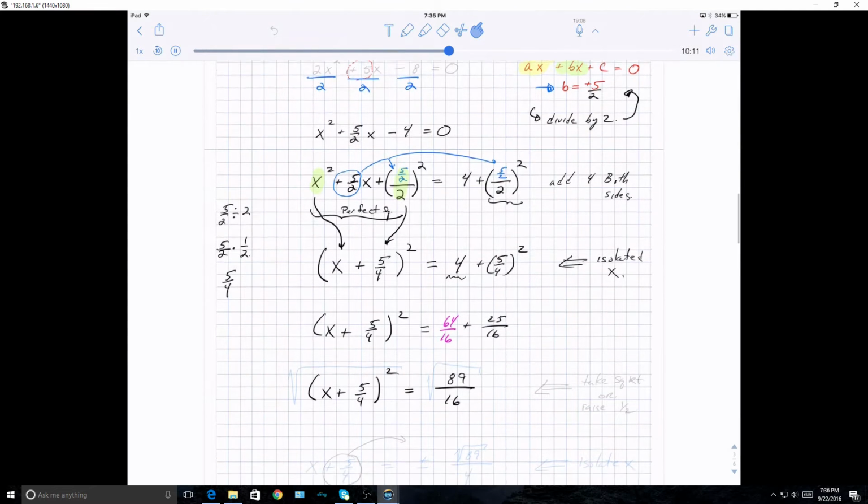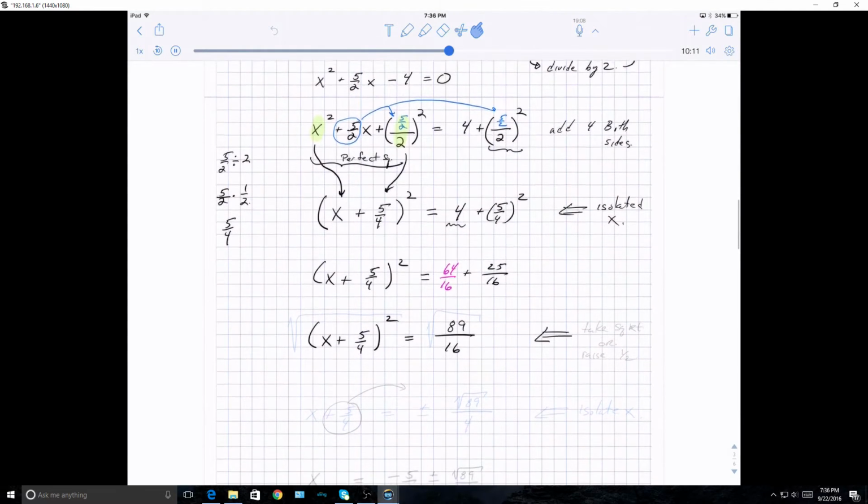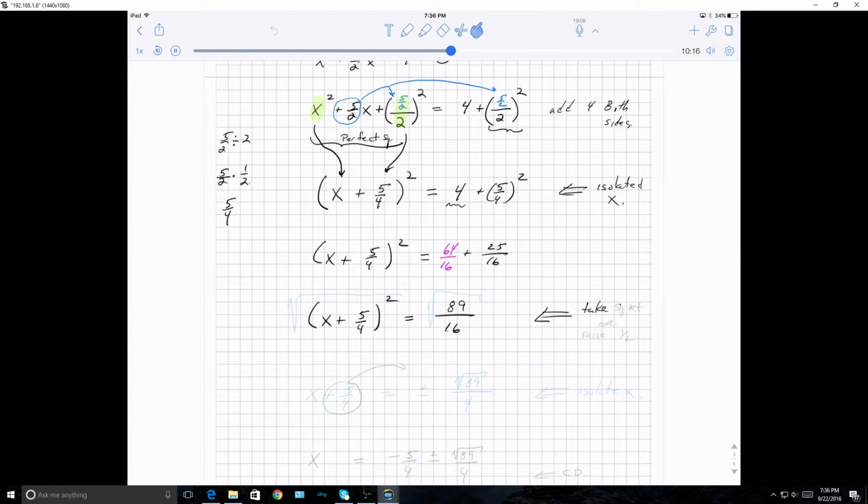And now the only thing we have to do is take the square root of both sides, or raise to the half power both sides.